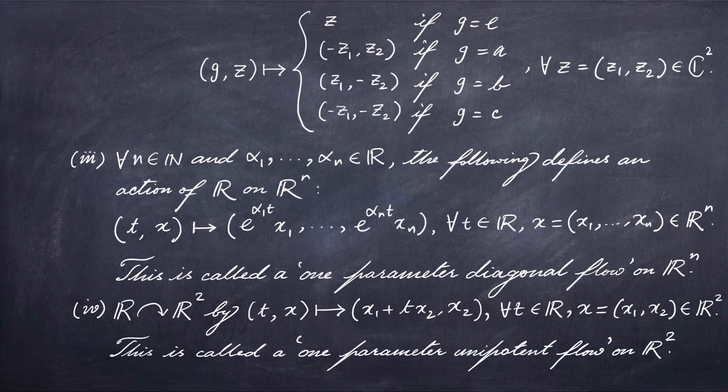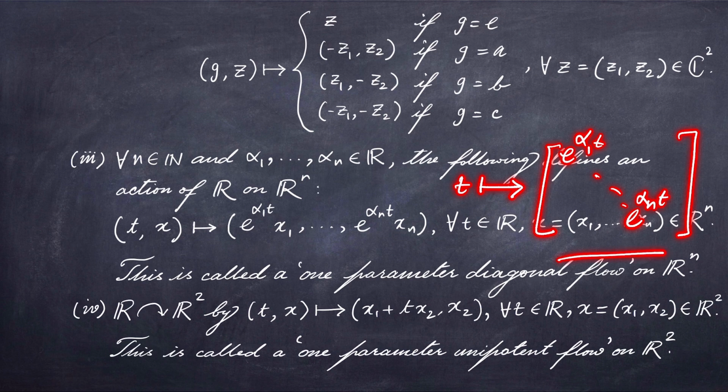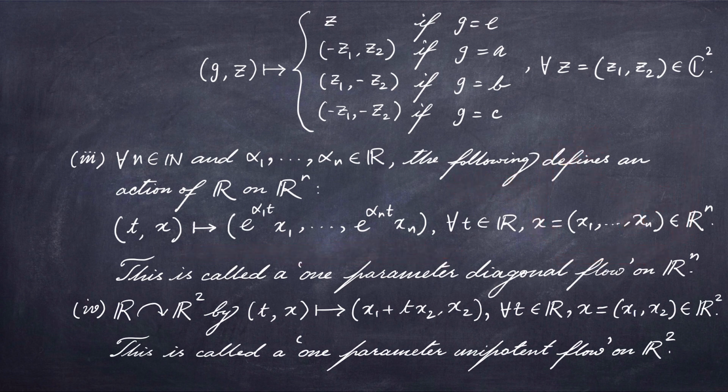For each real number t, if we send it to the diagonal matrix with entries e to the power alpha 1 t up to e to the power alpha n t, then certainly it is going to be a homomorphism from R to the group of all invertible diagonal matrices. With the help of this homomorphism, we obtain this action of R on Rn. So this action is called diagonal flow.